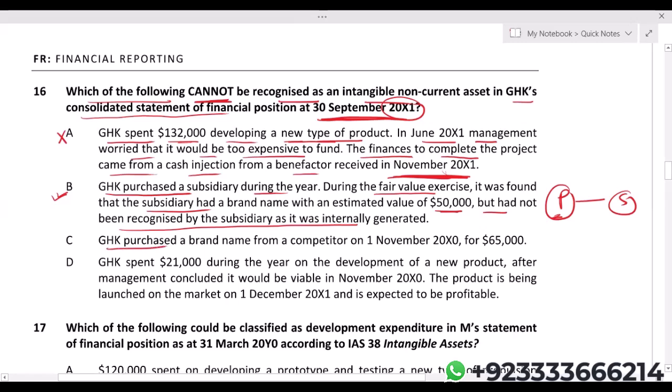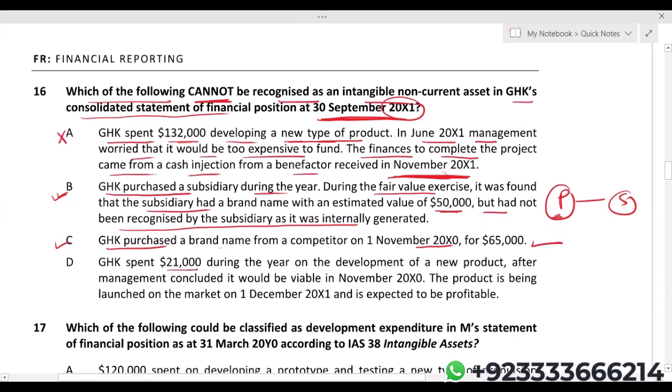Now listen, there are two types of intangible assets: purchased intangible assets and internally generated intangible assets. Obviously, an intangible asset will only be recognized when the recognition criteria are met, but in the case of a purchased intangible asset, we normally assume that the recognition criteria are met. So GHK purchased a brand name from a competitor on 1st November X2, so obviously it will be recognized as an intangible asset.